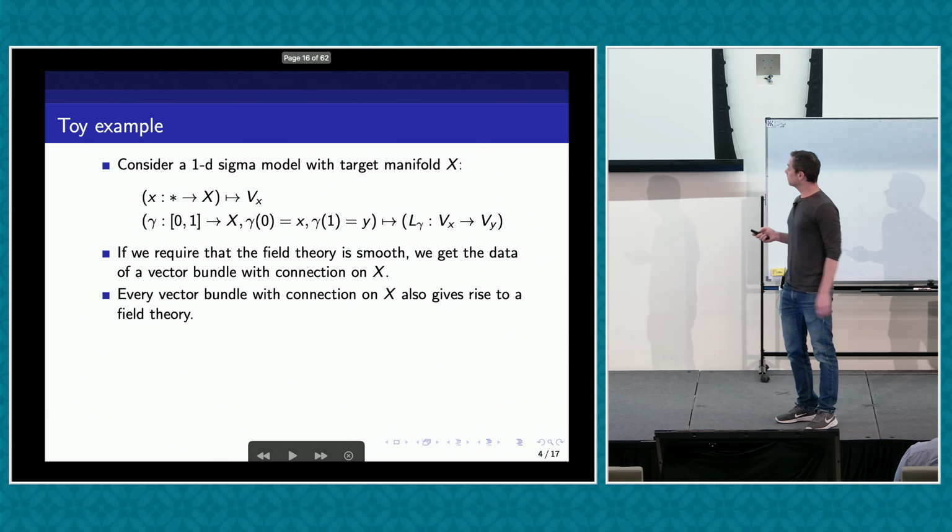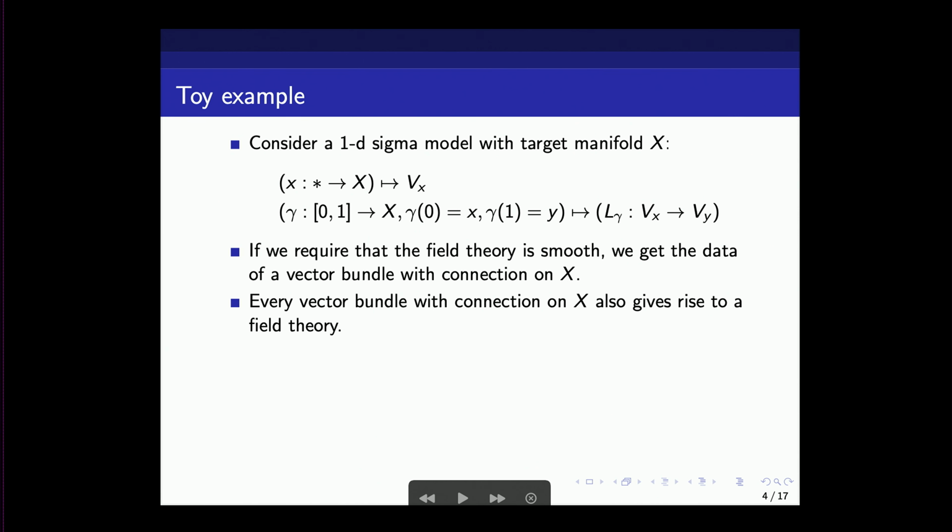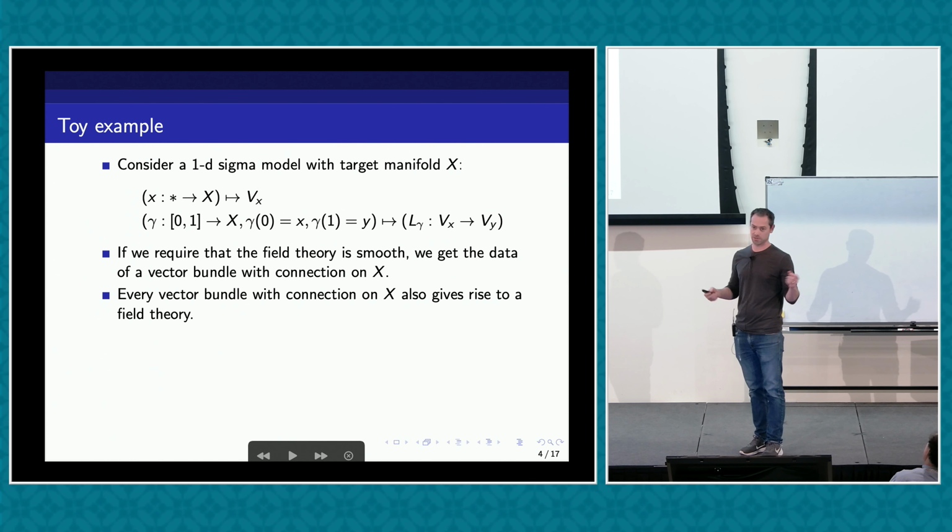And it turns out that you can actually go the other way. If you have a vector bundle with connection, you can also produce a field theory from that data, basically because the field theory has to be symmetric monoidal. So once you say what happens to a single point, you say what happens to disjoint unions of points. When you know what happens to a path, you say what happens to disjoint unions of paths, and then there's just a little bit of data left, which tells you what to do for duals.